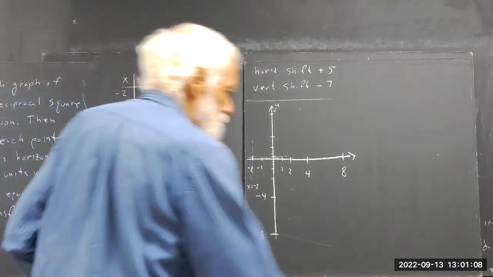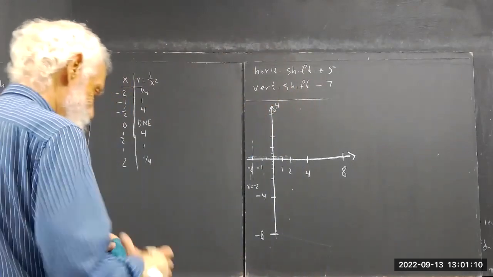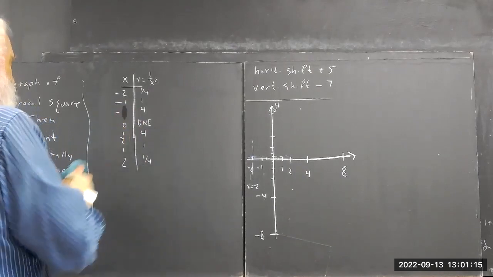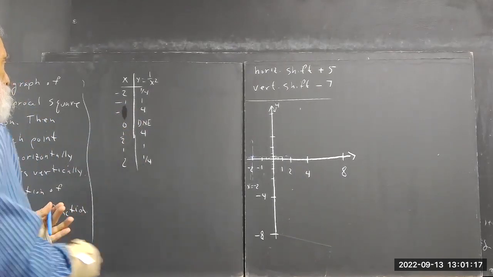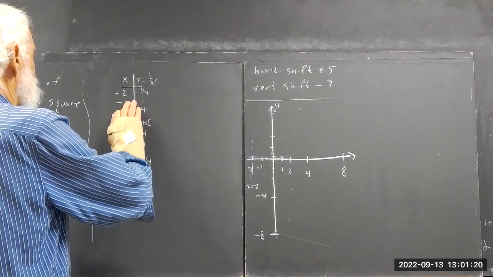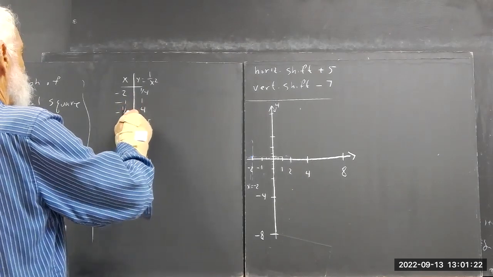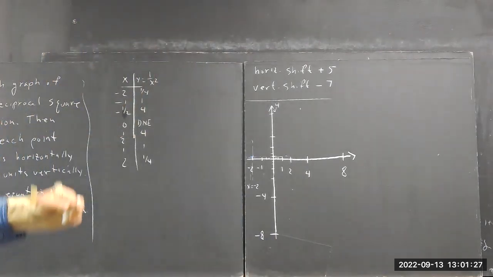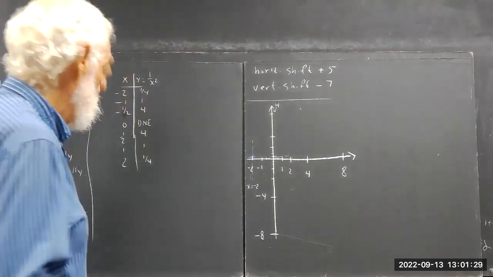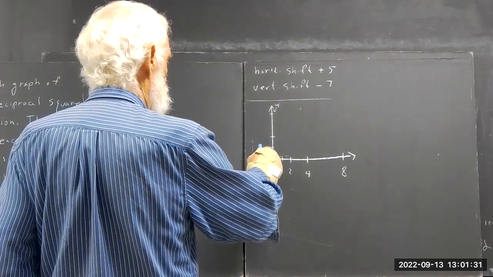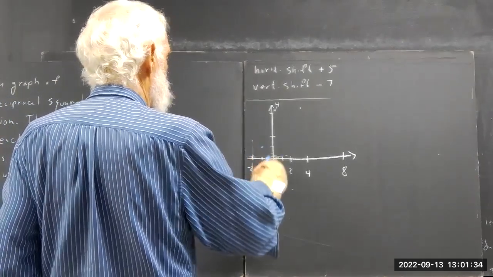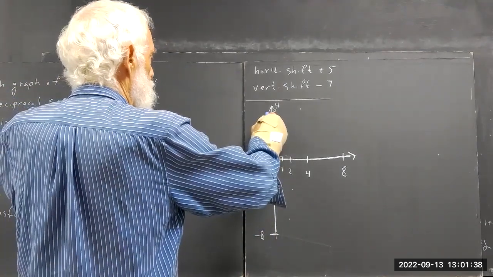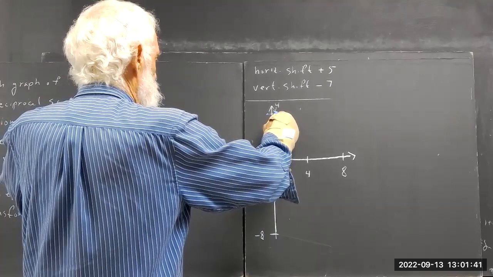In this hurry, I got rid of everything, put those out of order. No, I'm wrong. I thought I made a mistake, but I didn't. Now, negative 1, 1. So we have negative 1, 1. And then we have negative 1/2, 4. So here's negative 1/2, here's 4. Well, that gives us the familiar graph.